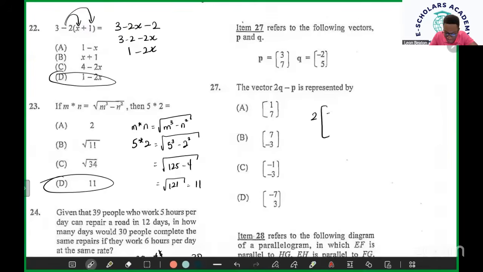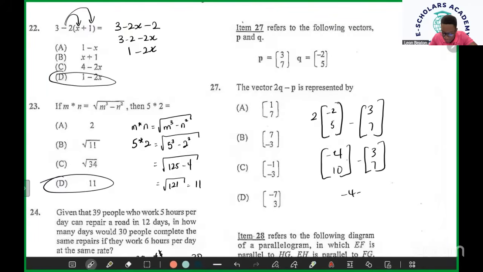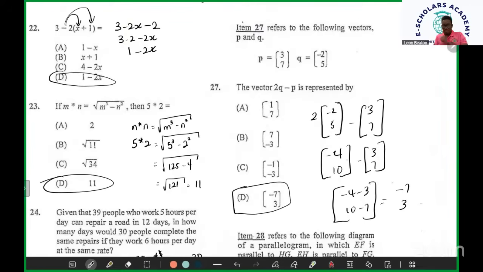So 2 times negative 2 and 5 minus 3 and 7. Multiply everything here. 2 times negative 2 is negative 4. 2 times 5 is 10. This will be minus 3 and 7. So negative 4 minus 3 and 10 minus 7. This will give me negative 7 over 3, which is D. All right. So we got to be careful with these here.